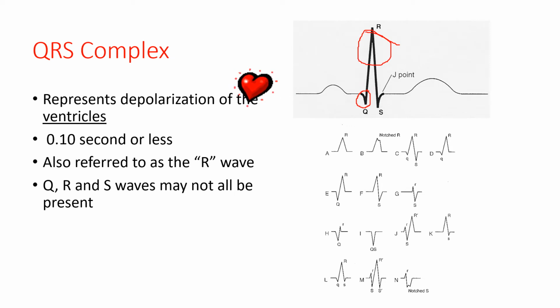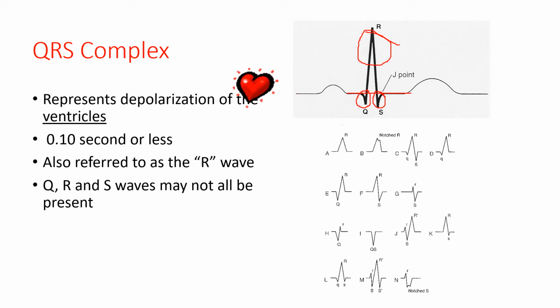And your S wave is the first negative deflection after the R wave. So again, your Q wave and your S wave are below the isoelectric line. If it's not below the isoelectric line, it does not exist, so you would not have a Q wave or an S wave.